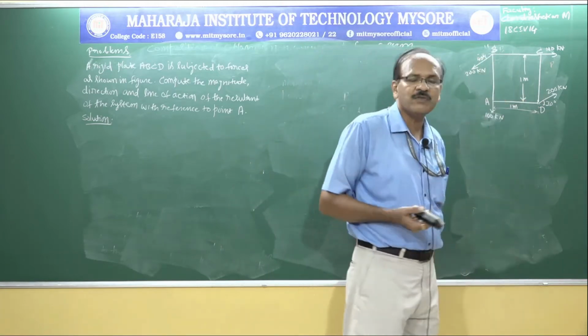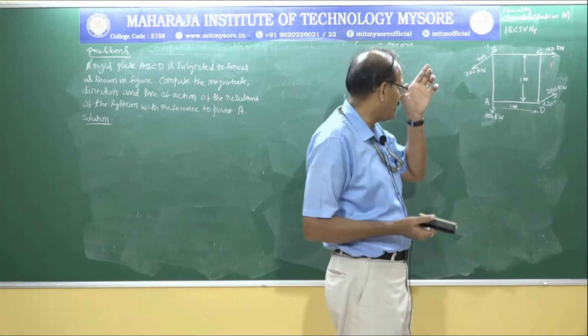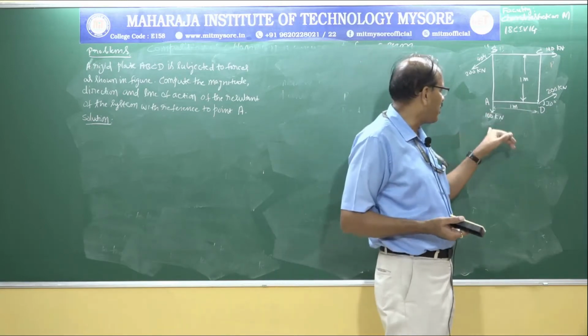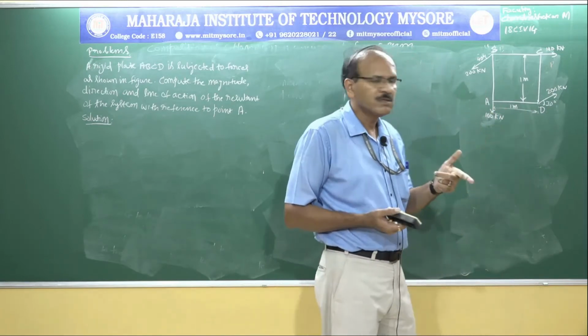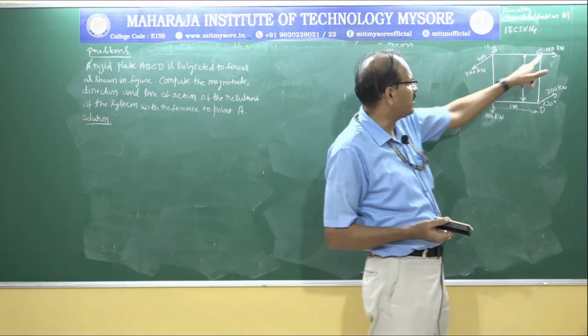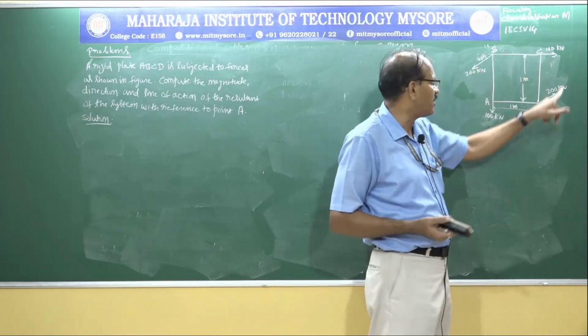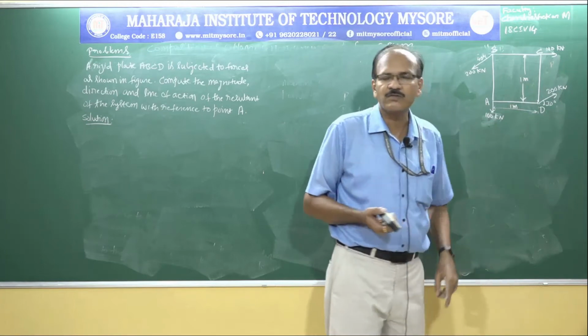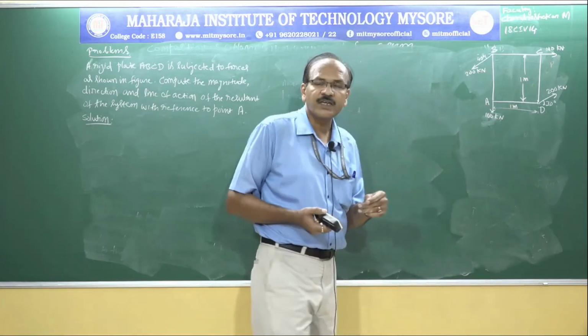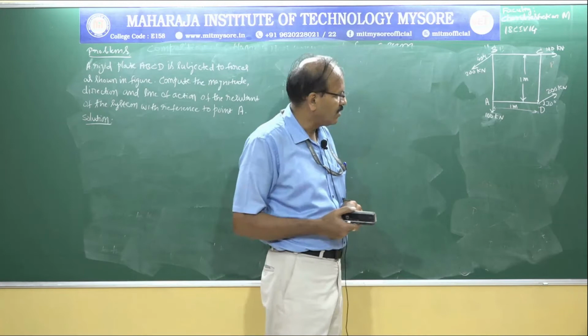The dimension of the plate is 1 meter by 1 meter. At point A there is a load of 100 kilonewton acting downwards. So this is 200 kilonewton, again this is 100 kilonewton horizontal. So this is 200 kilonewton at an angle of 30 degrees with respect to the horizontal.